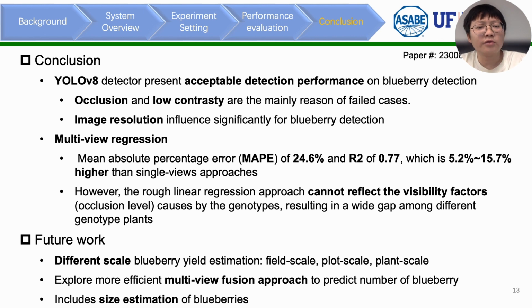However, the raw linear regression cannot reflect the visibility factors, especially the occlusion level. So in future work, we will improve the multi-view fusion approach, as well as add size estimation functions to estimate the weight of the blueberries.